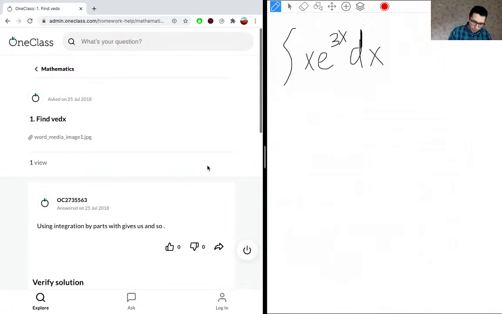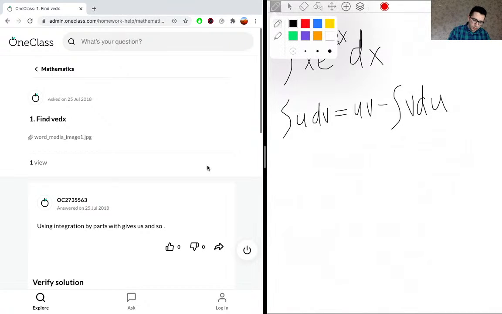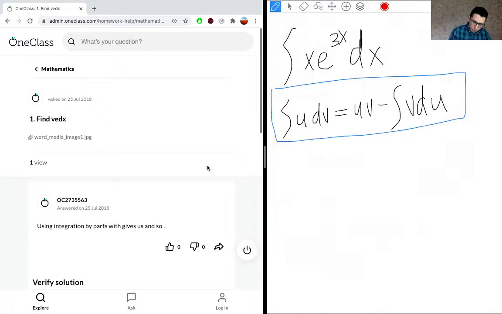To refresh your memory of what integration by parts is, if we had the integral of u dv, it would be equal to uv minus the integral of v du. This is just the standard formula for integration by parts. So we'll use it to evaluate.